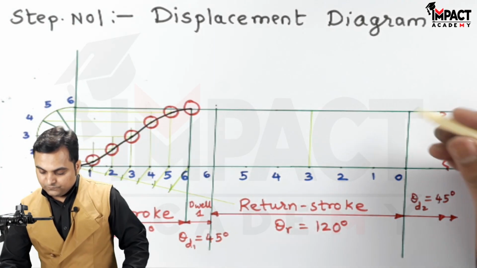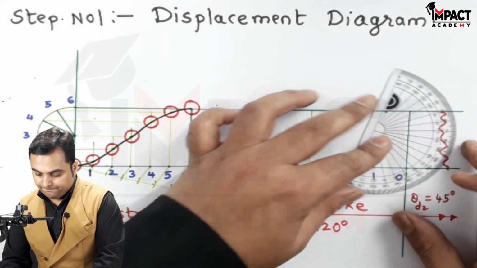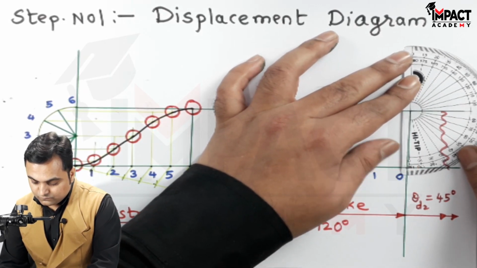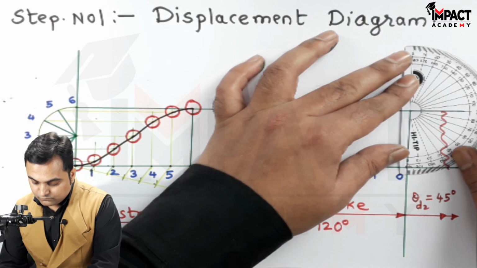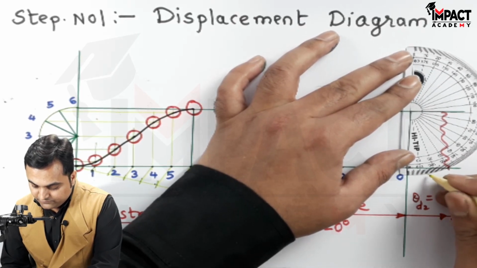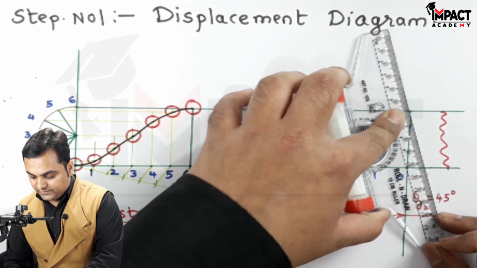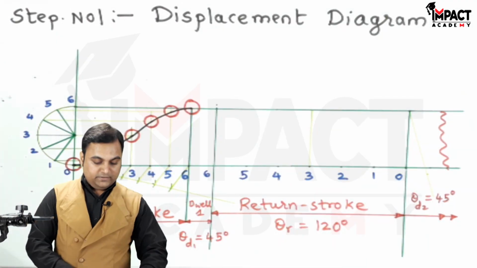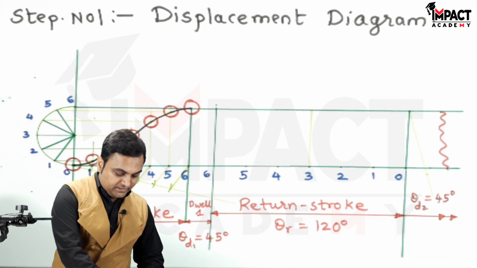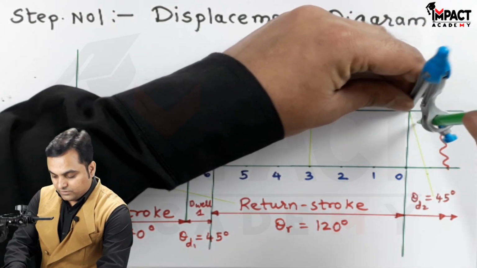That is, from here I am measuring an acute angle. I am taking it as 15 degrees, drawing a light line at this particular angle, and then taking 1 centimeter in the compass in a similar manner like I had done for the outstroke, dividing this line into 6 equal parts.